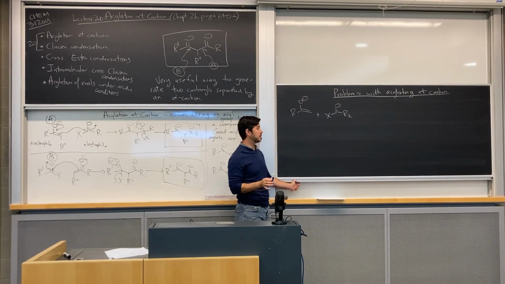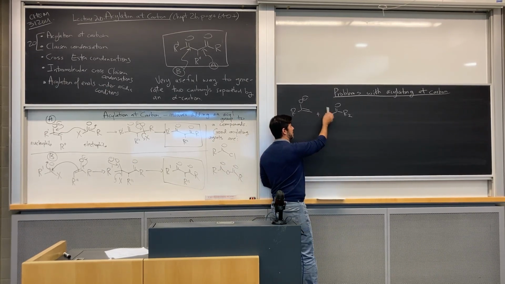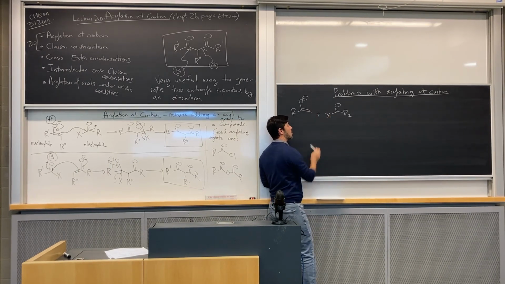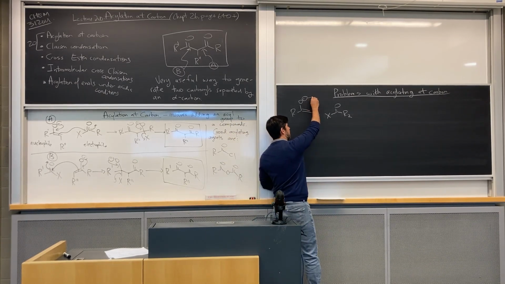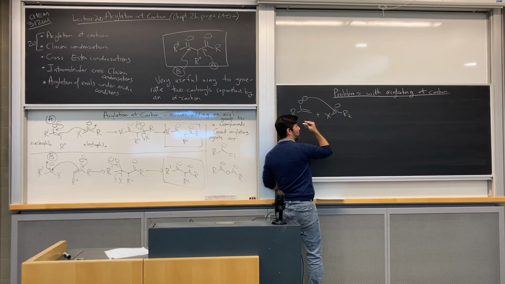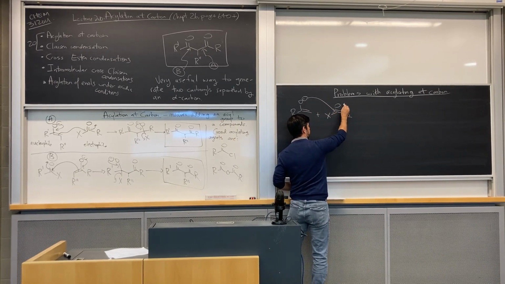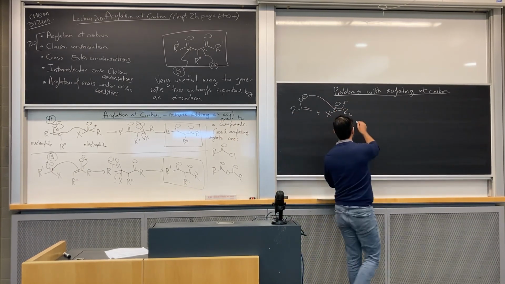And while it's better for the carbon to react here, what can inadvertently happen is that you can have the oxygen, the negative oxygen from the enolate, actually attack that carbonyl center. Okay, so this is the undesired reaction. And if that were to happen, your electrons will go up.